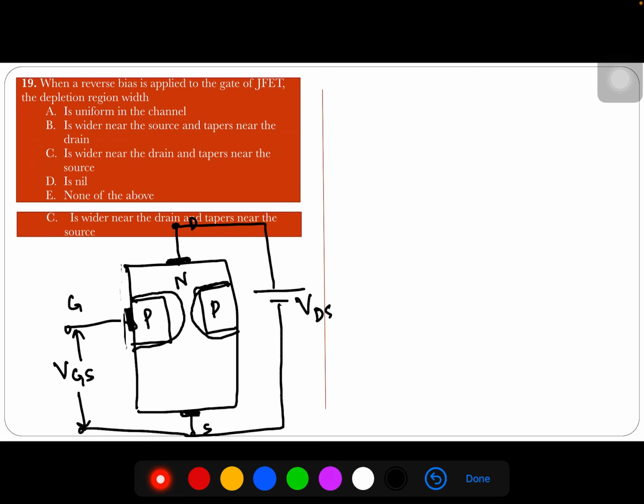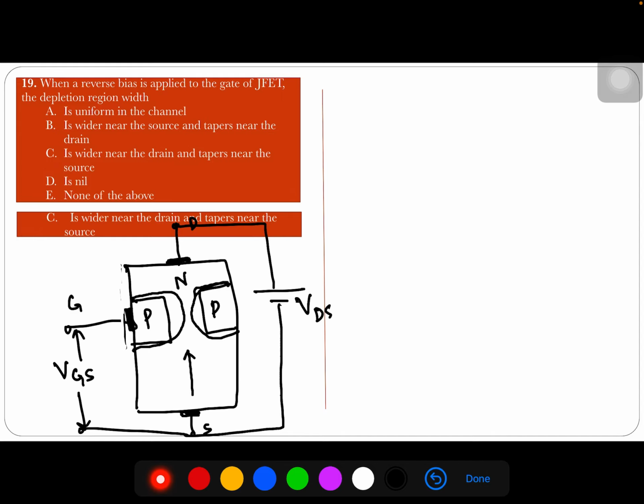It is wider near the drain side, and it is tapered near the source side, because when we move from source to drain, the reverse bias keeps on increasing. Where the reverse bias is more, in that portion the depletion layer will be more.